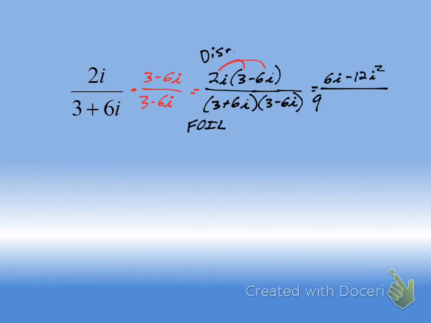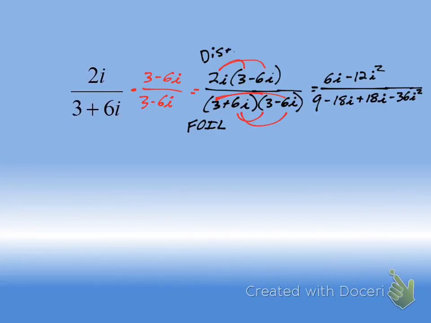All right, that was the first. Now we go outside. That's going to be what? 3 times negative 6, negative 18i. Okay. Now 6i times 3 is what? 18i. And then 6i times negative 6i. So positive times negative is going to give you negative 6 times 6 i squared.